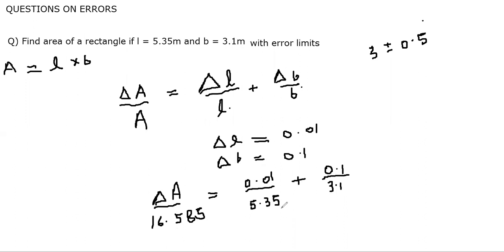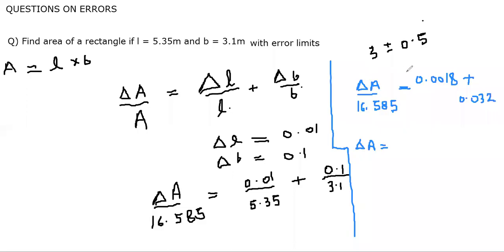The thing that you should do is divide these whole numbers, divide this part, add them, and then cross multiply.